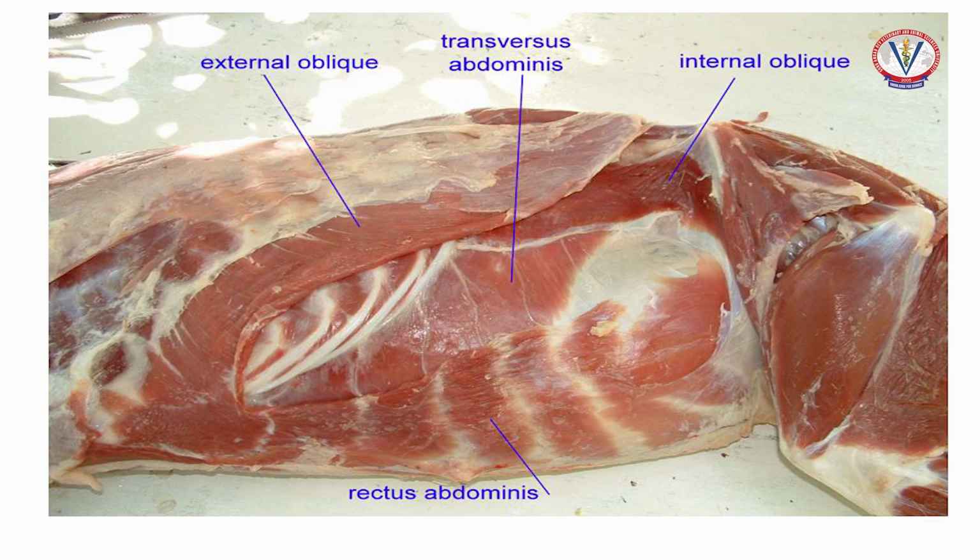cryptorchidism. Below the externus muscle, next is the internal oblique abdominal muscle, which originates from the tuber coxae and thoracolumbar fascia and inserts at the linea alba. Below the internal oblique, the next muscle is the transverse abdominis muscle, which arises from the transverse processes of the lumbar vertebrae, and it inserts at the linea alba.